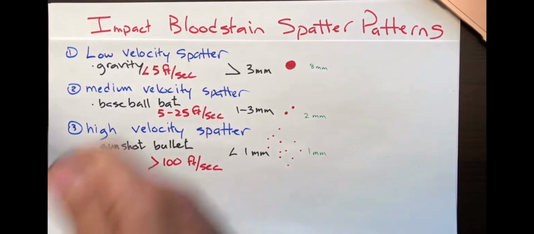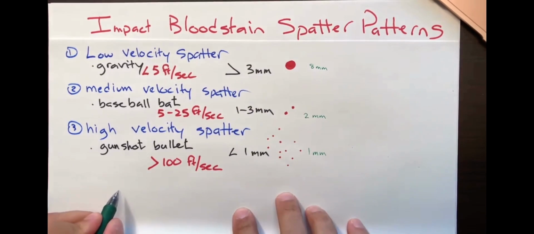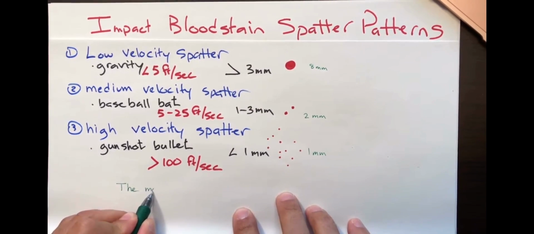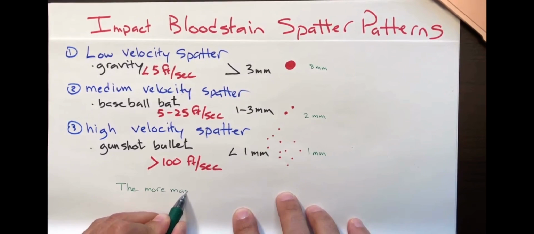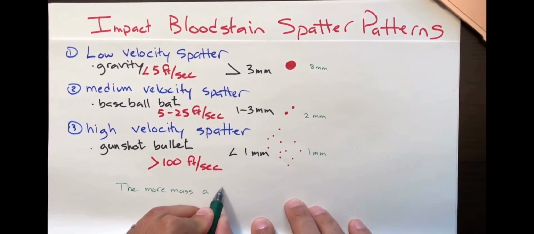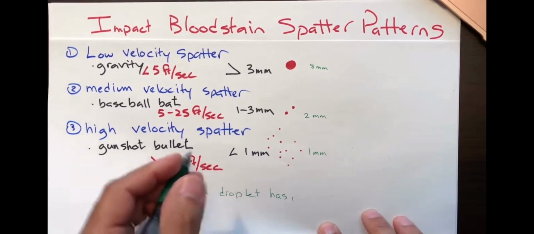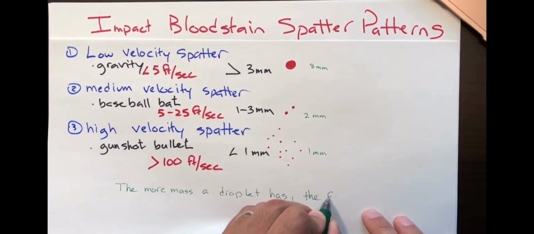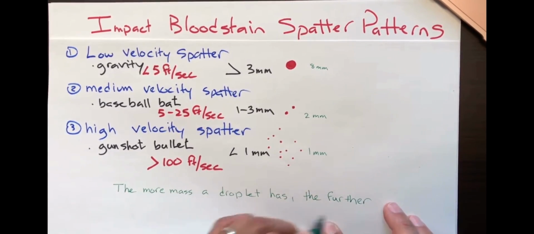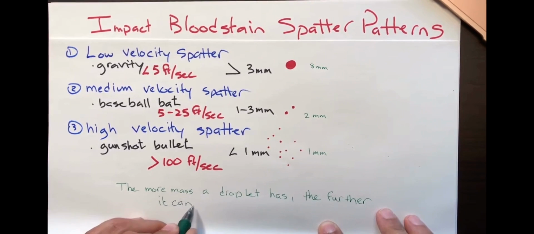Very little mass means it won't go very far. So the more mass a droplet has, the further it can travel. Just think of a scrunched up paper versus a baseball bat. How far can they go?